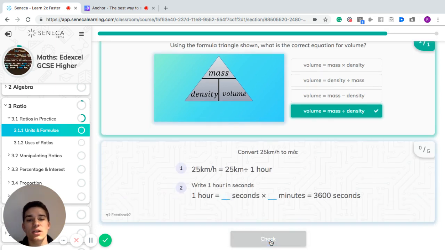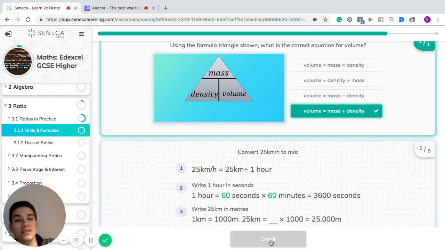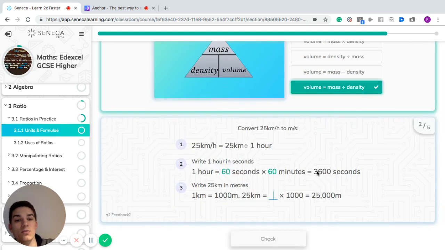Now, again, let's have a look at converting 25 kilometres per hour into meters per second. So remember, 25 kilometres per hour is the same as 25 kilometres divided by 1 hour. And 1 hour is 60 seconds times 60 minutes, which is 3,600 seconds. And write 25 kilometres in meters.